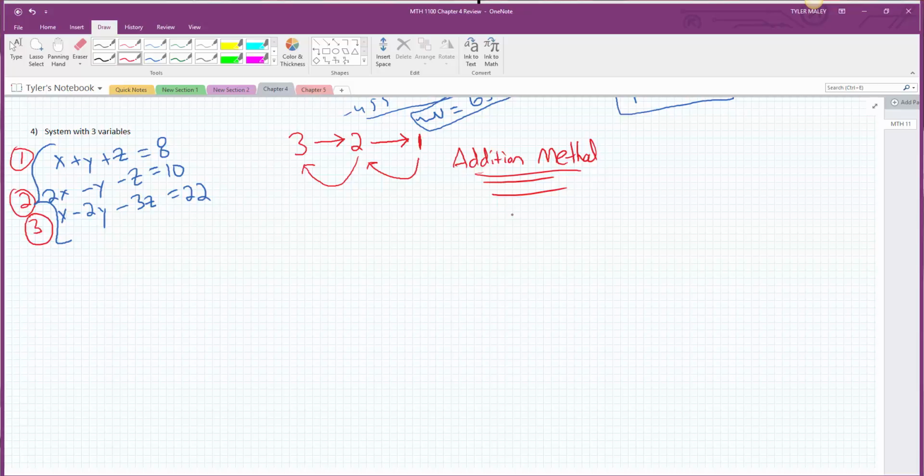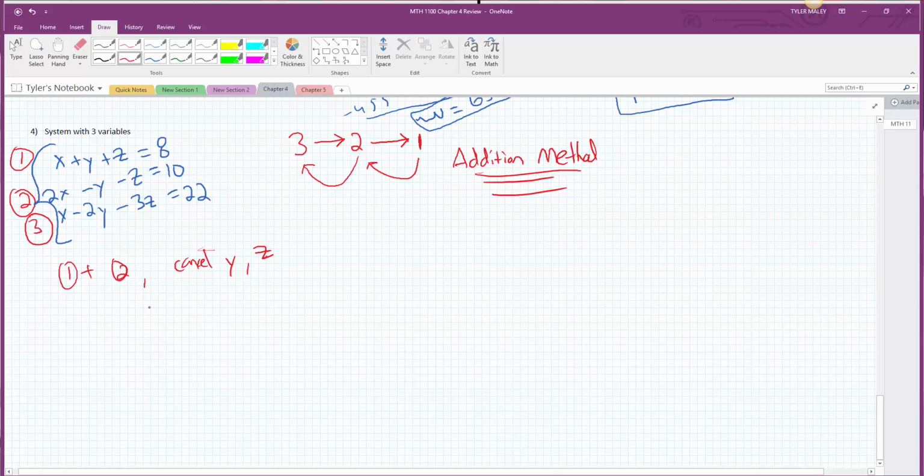An easy one might be using equation 1 plus equation 2. What will happen is we'll cancel out y, and actually we'll also cancel out z, but that's just a coincidence in this case.